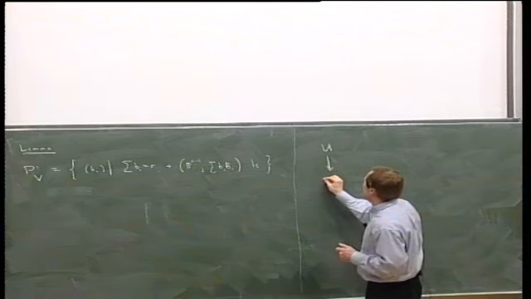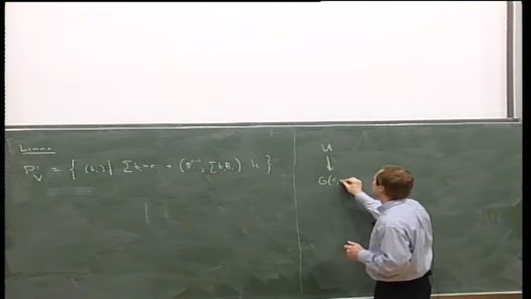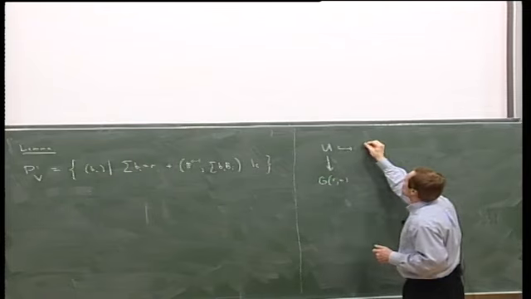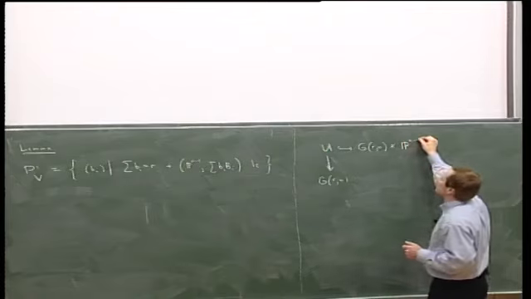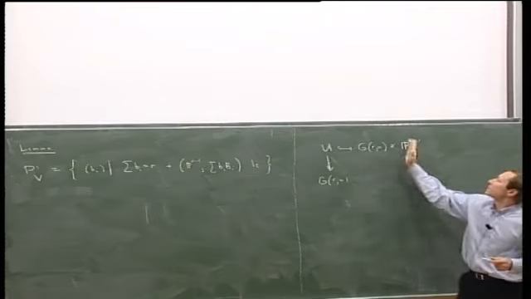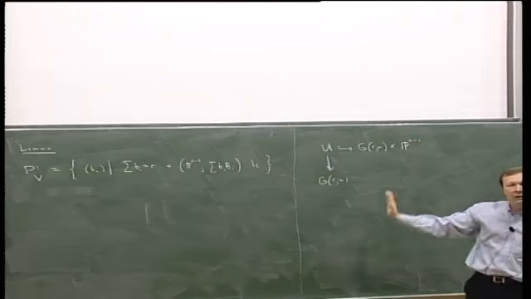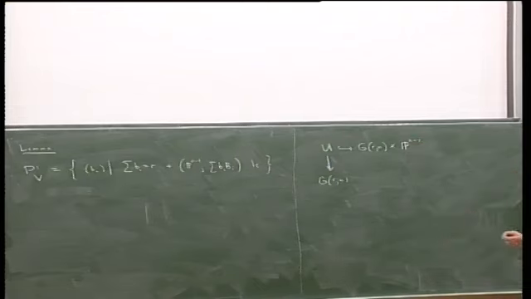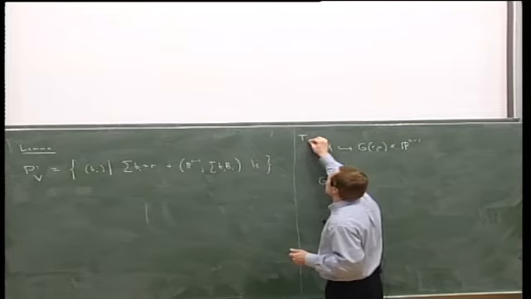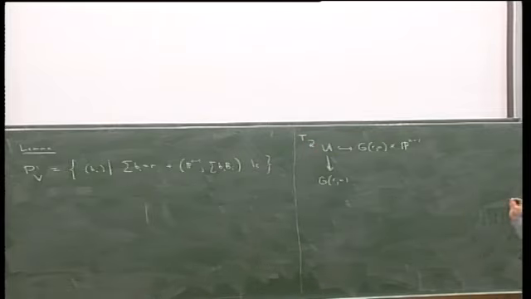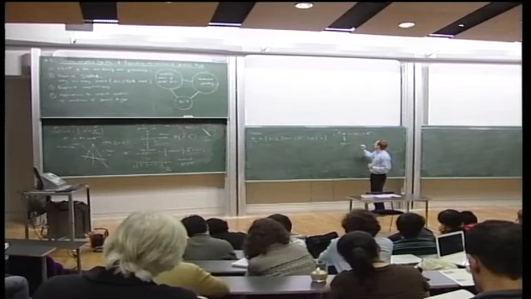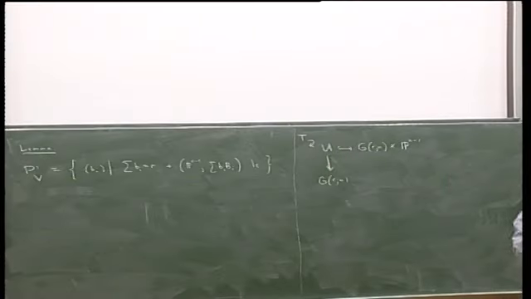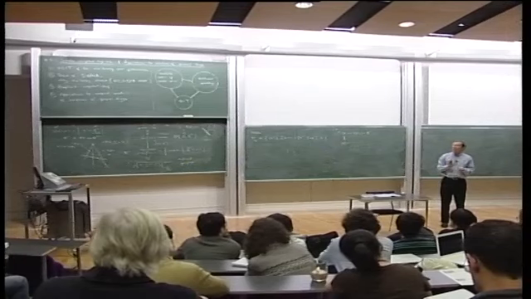So the universal family sits over the Grassmannian, and it's a subset in the Grassmannian times P^{n-1}. So we vary this subset of P^{n-1}. That's the universal family. And the torus still acts here. Now, I would like to consider this VGIT for this universal family.